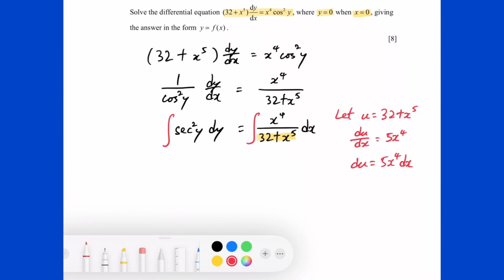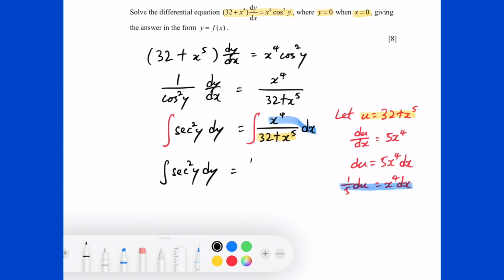So the coefficient 5 can be moved to the left-hand side, such that it becomes 1/5 du = x^4 dx. In order to apply this result, we can substitute 32 + x^5 in the denominator by the small letter u, where the combination of x^4 times dx can be replaced by 1/5 du.